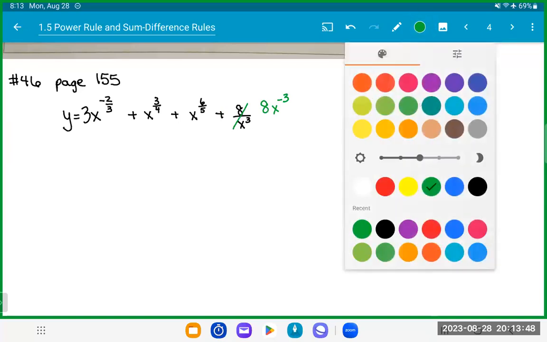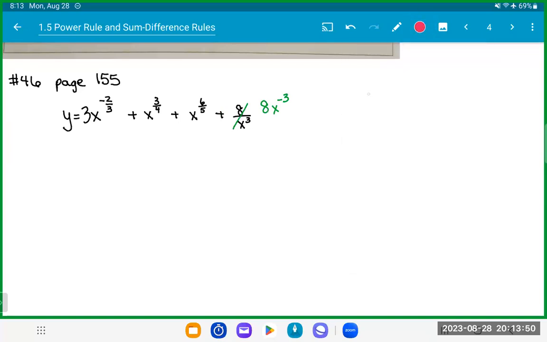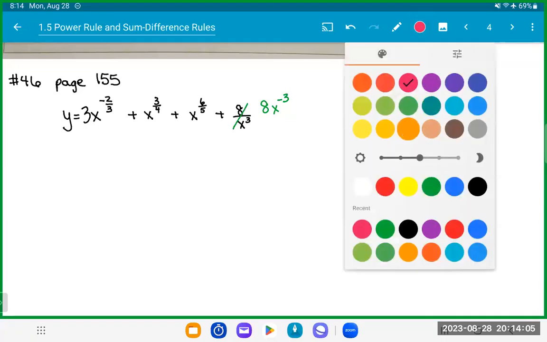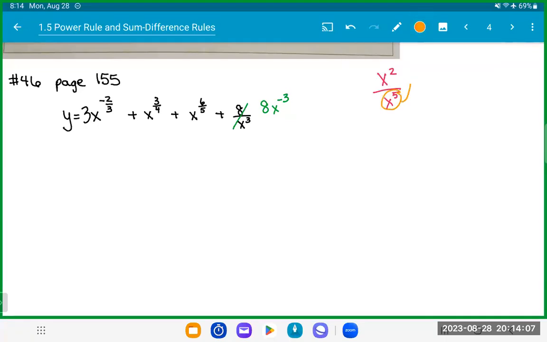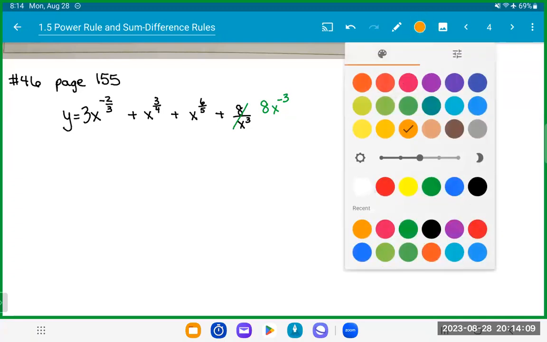Just a quick little refresher on exponents. If I had x squared over x to the 5, I can bring this up to the numerator.